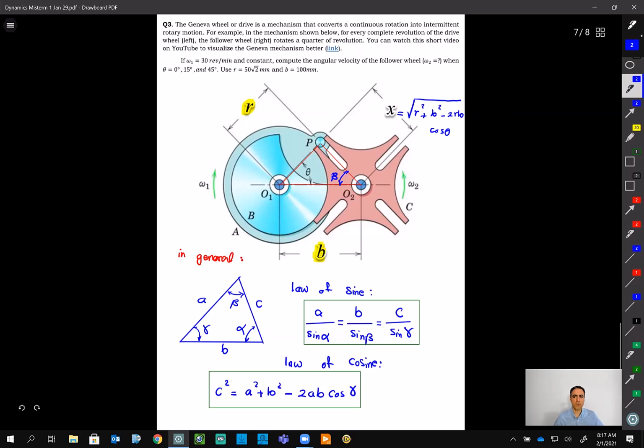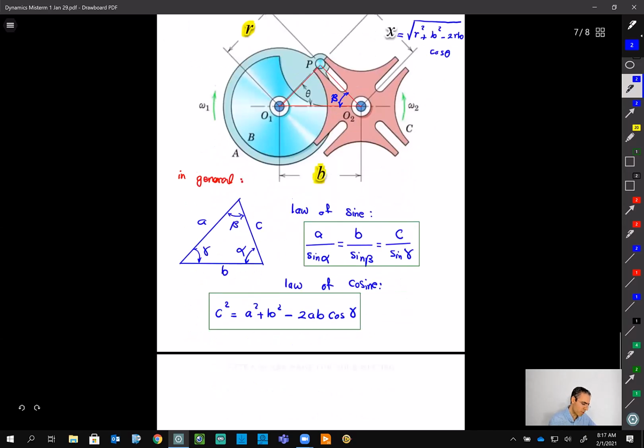But this question didn't ask us anything about x. It just wants to know what beta is. So I need to relate beta to theta. Maybe a better formula is this sine relation, right? Let's see how we can use it. Again, I'm trying to avoid x.